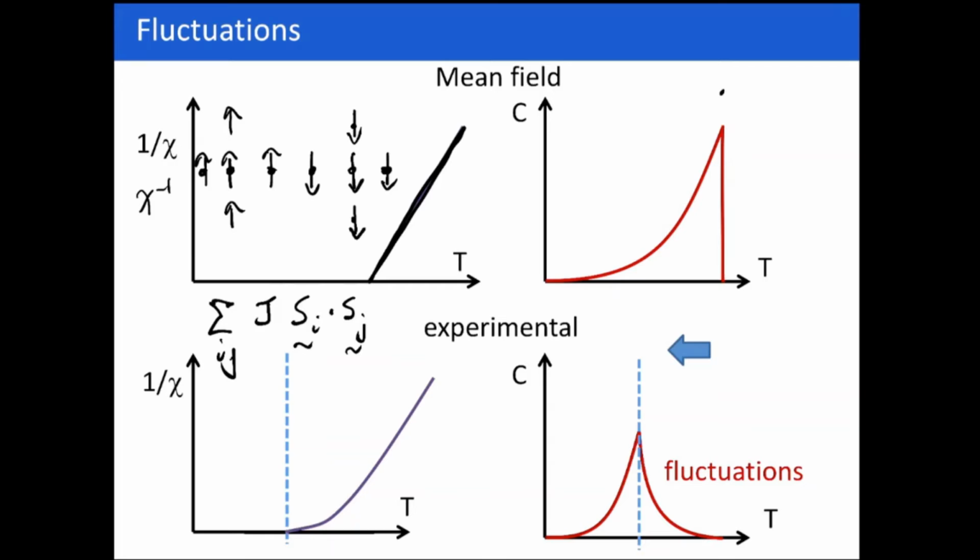I've drawn a couple of figures here just to illustrate the effect of the fluctuations and why mean field theory doesn't work. So let's imagine we're looking at the specific heat here and warming the system up from the ordered state to the disordered state. In the ordered state we'd have all the moments aligned, and we could work out the energy of the system.